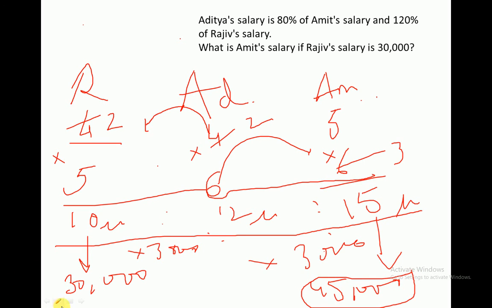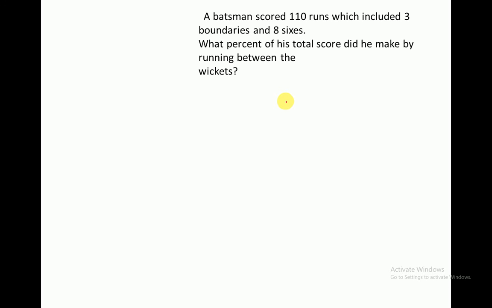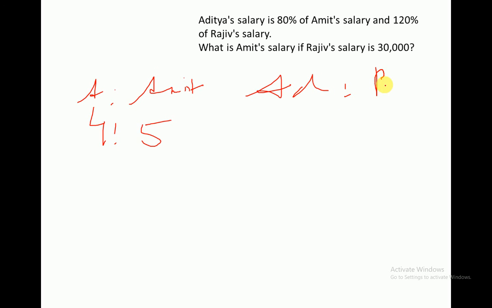Now let me just repeat it once again, and I think the rest of the questions I'll take in the next session. It says Aditya's salary is 80% of Amit's salary, so Aditya is to Amit is 4:5, and Aditya is to Rajiv is 6:5.